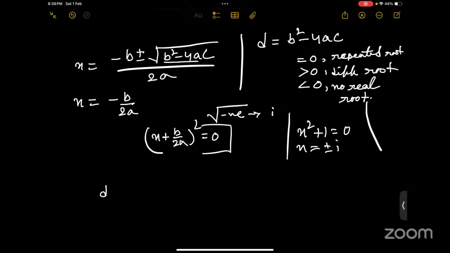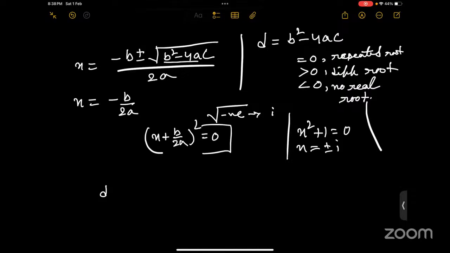What is the difference between real root and root? So roots mean it can be real or complex. Because we are working on the real line, when there is no real root we will say there is no root. That doesn't mean root doesn't exist. Roots exist, but they are complex.